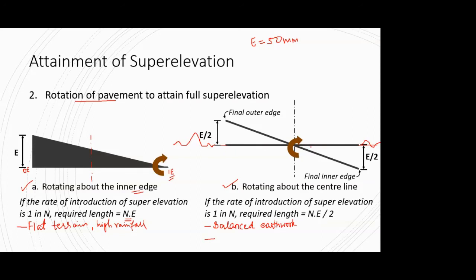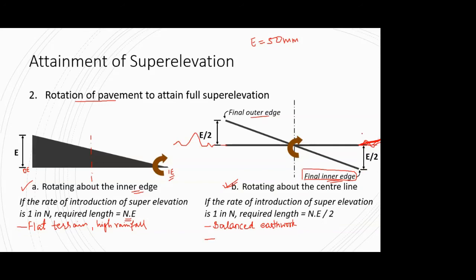Now if I have to adopt this method number 2B, I am raising my outer edge, which is fine, but I am also lowering my inner edge. In that case, it can happen that your adjoining ground is somewhere at this level, and you have given the final location of your inner edge at a lower level than this adjoining area.